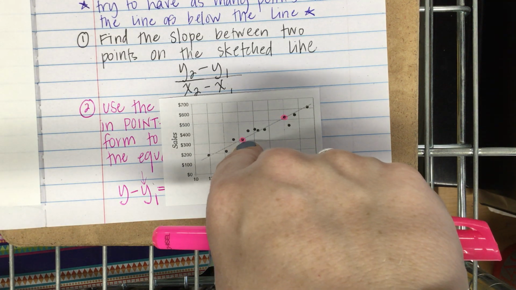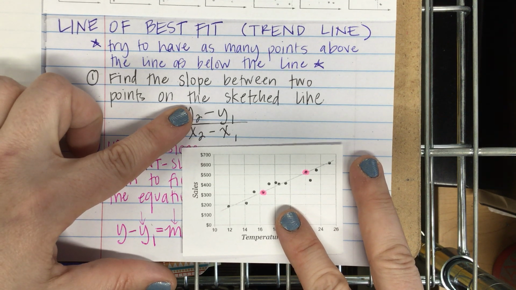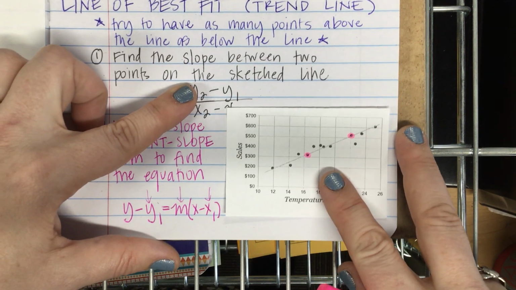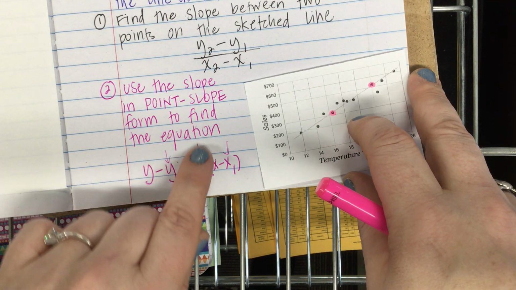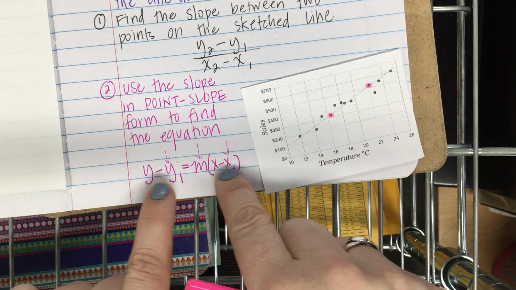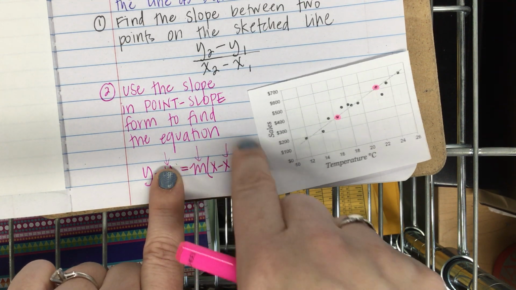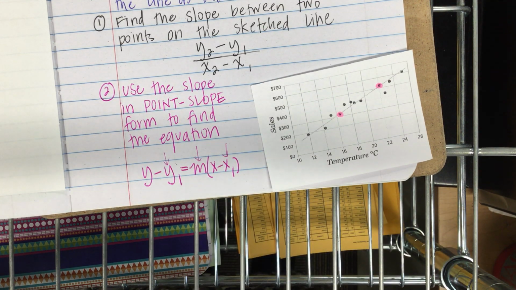Again, we're estimating. So I can find my slope, and then I can put my slope and my ordered pair, my x comma y, in here, distribute and solve for y, and I have an equation.